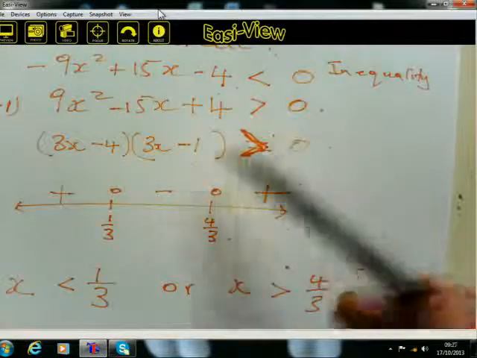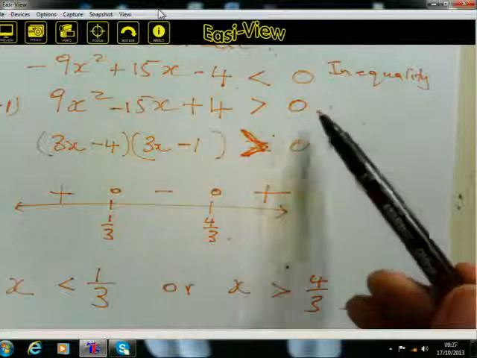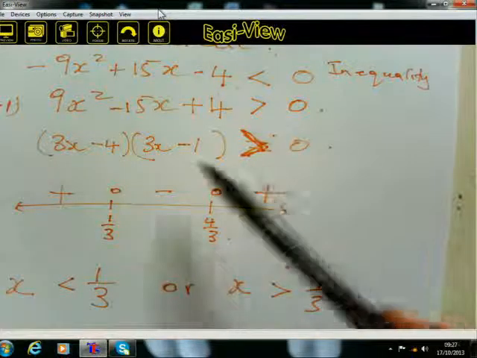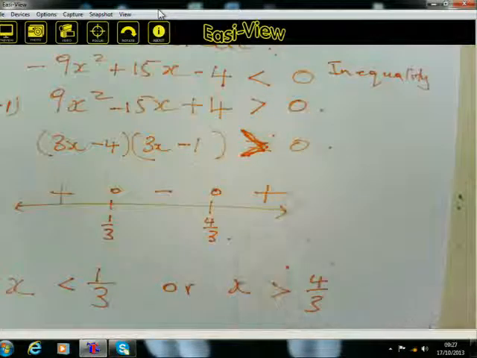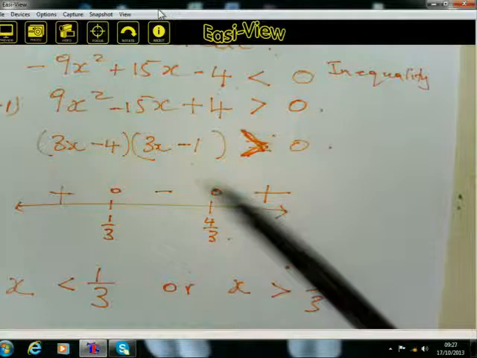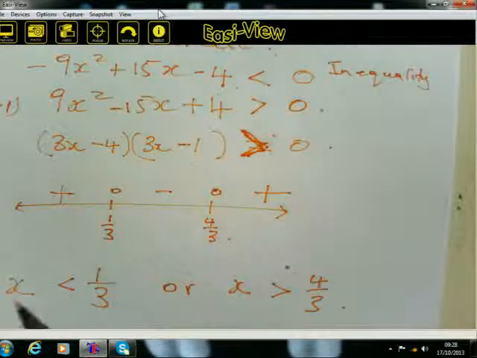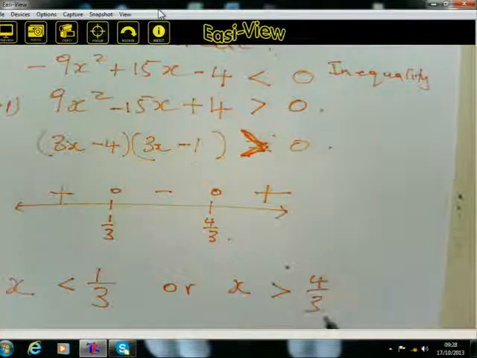To get something positive when you multiply the two things, it means both of them must be negative, and to get something again which is positive, it means both of the factors must be positive. So when I get my result here, it means that x is going to be less than 1 over 3, or x is going to be greater than 4 over 3.